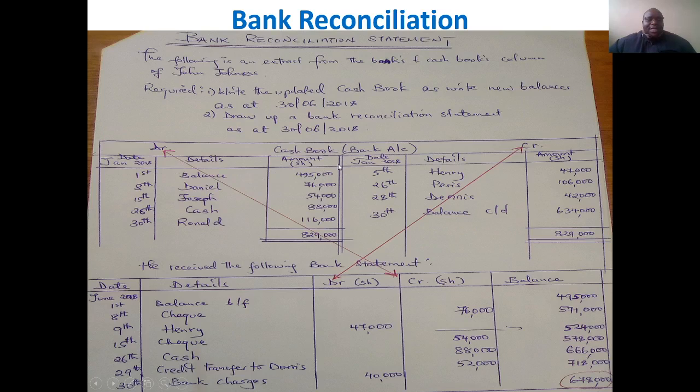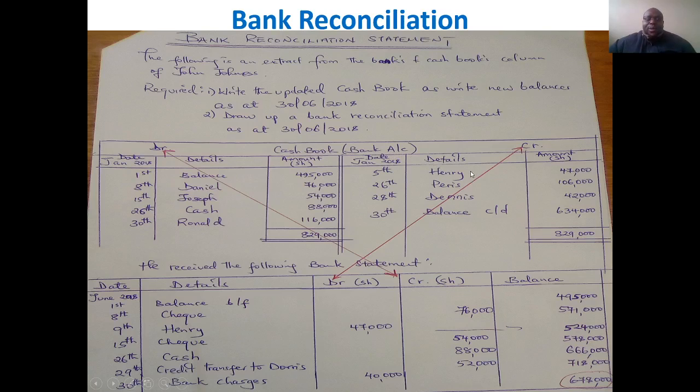The starting balance, 495,000. Daniel Adeta pays us 76,000. Joseph Adeta pays us 54,000 on 15th, 18th, and 1st, respectively. On 26th, we receive cash equivalent to 88,000. And we also receive money from Ronald Adeta, equivalent to 116,000.